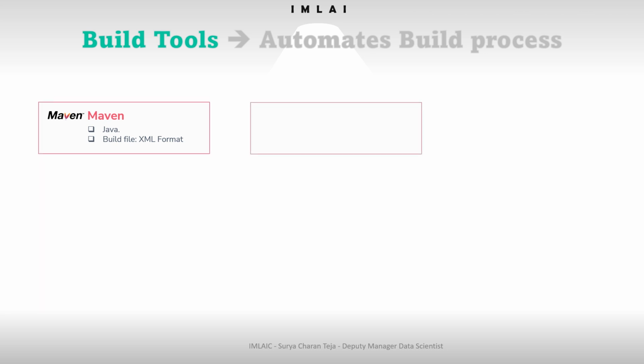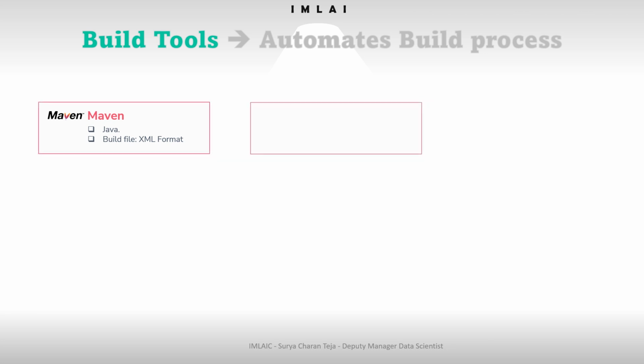In the XML file we have to mention what you want to do, what the dependencies are, and what the versioning mechanism is. All those things you have to mention inside the XML file, and you run some Maven commands, and the Maven tool is going to execute your build phases automatically.